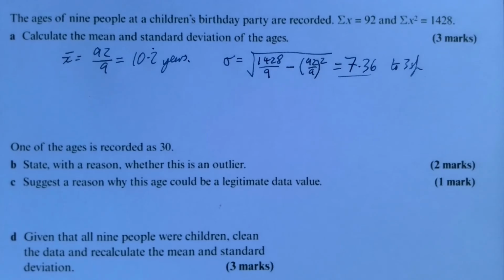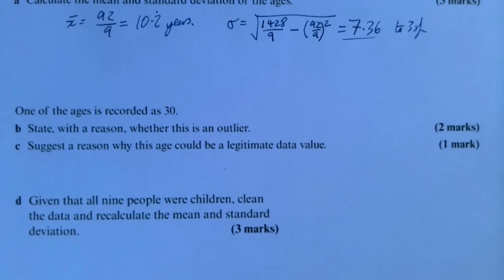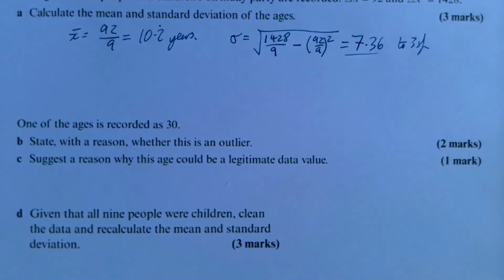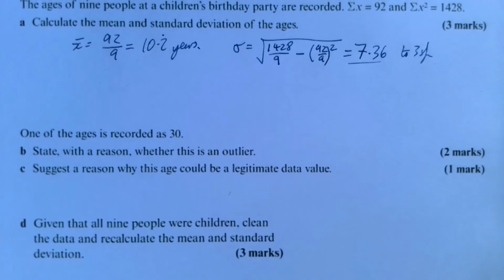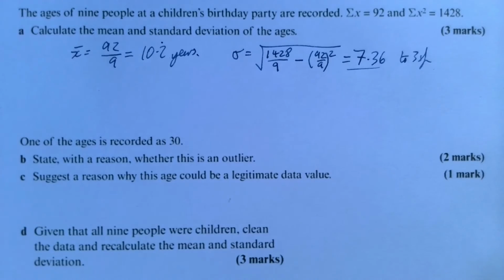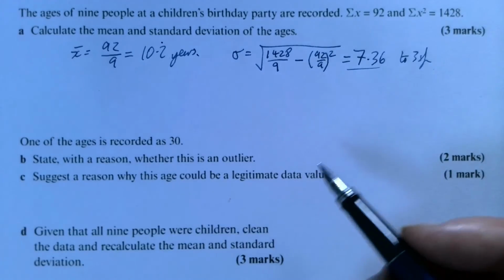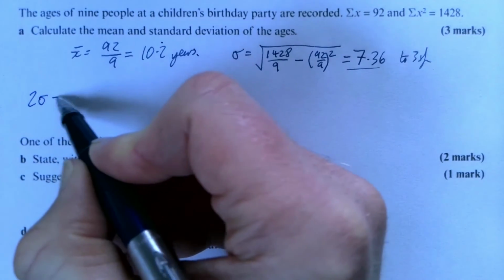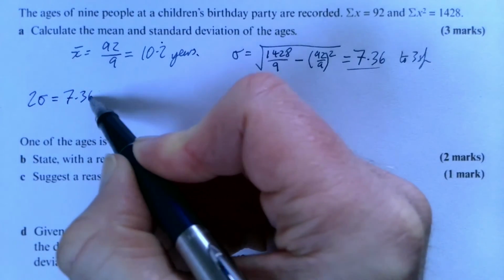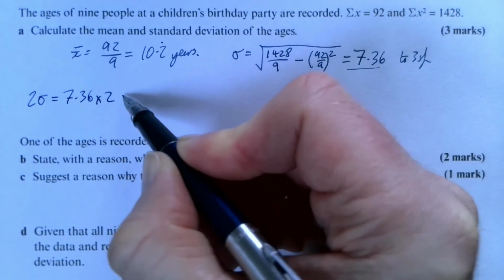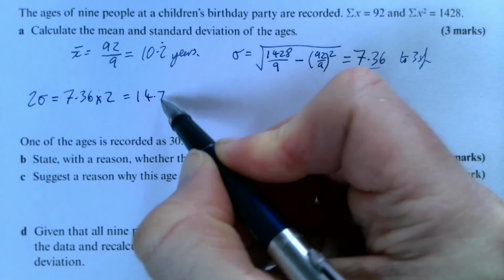In fact, I'm going to give you all of that so you can pause and give that a go. Right, so state with a region whether or not it's an outlier. Well, the method we've just learned is 2 standard deviations from the mean, and that's a pretty standard one to do. So the first thing to do is say 2 standard deviations equals 7.36 times 2, which is 14.72.